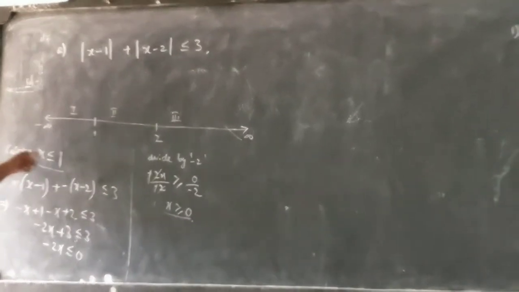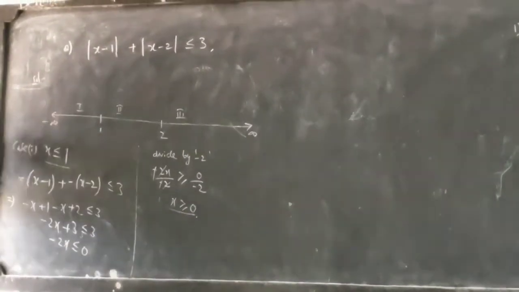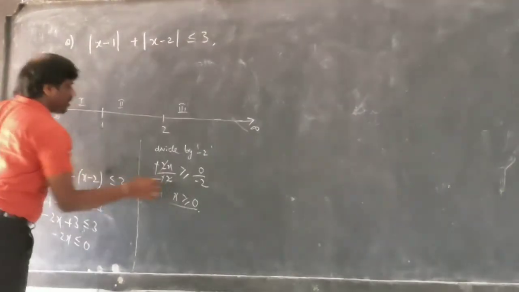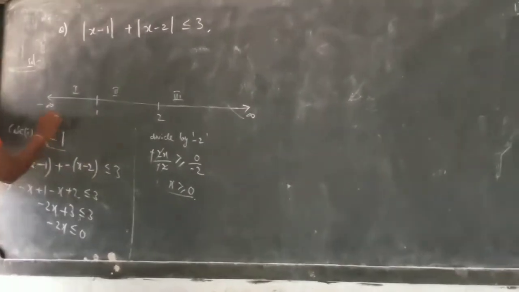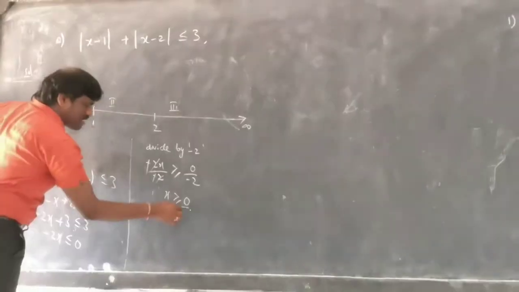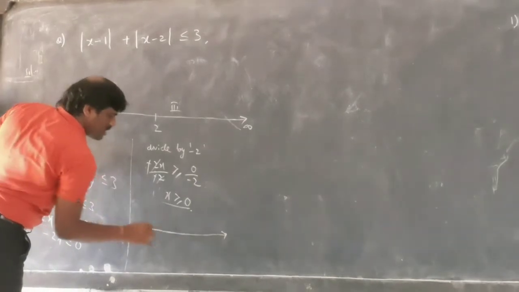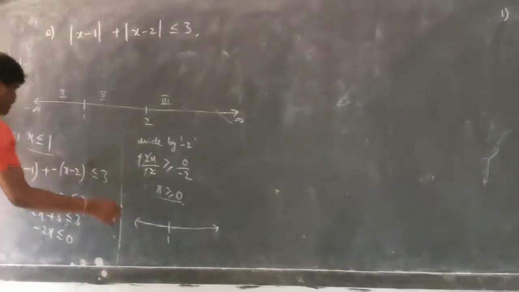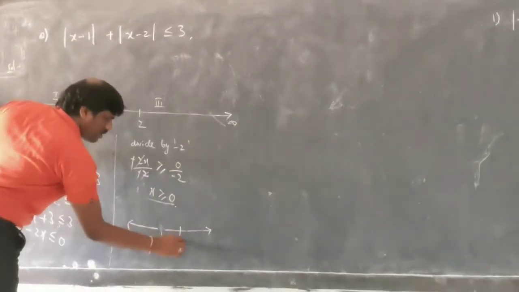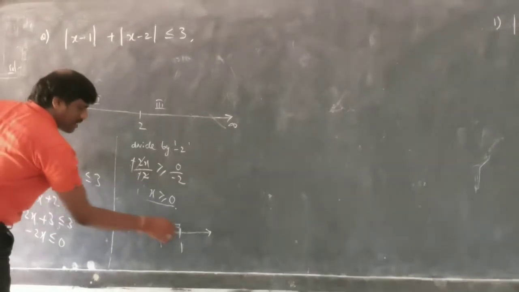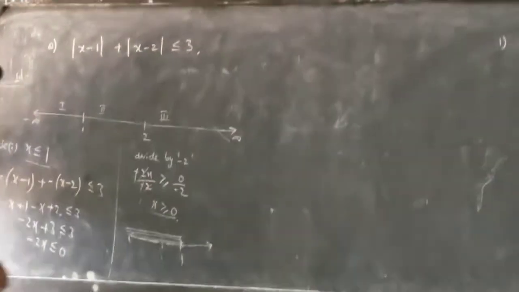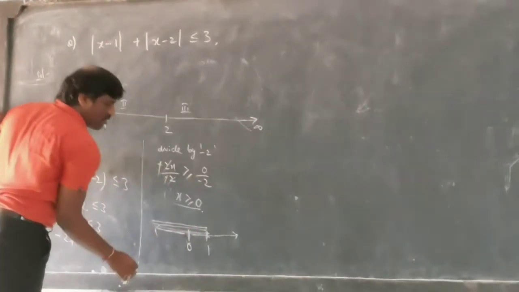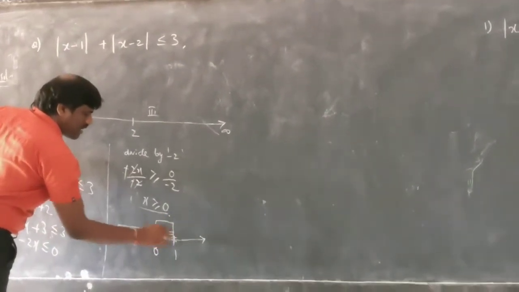The case is saying all numbers less than 1, and the result is saying 0 and more than 0.